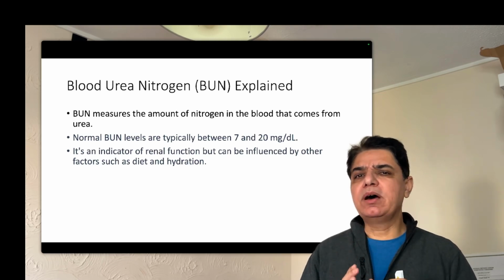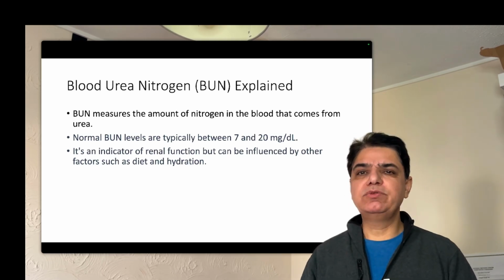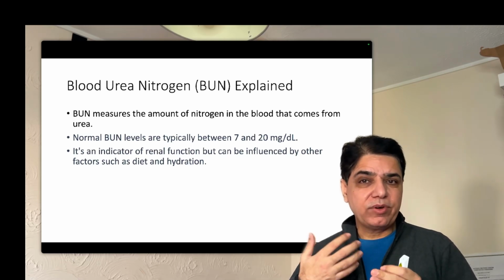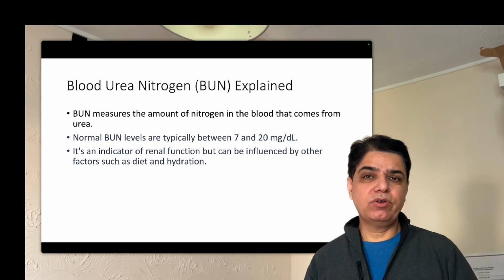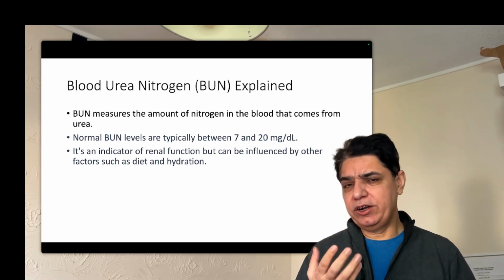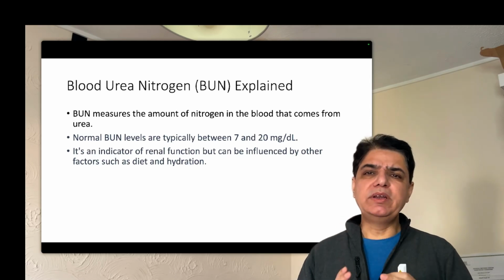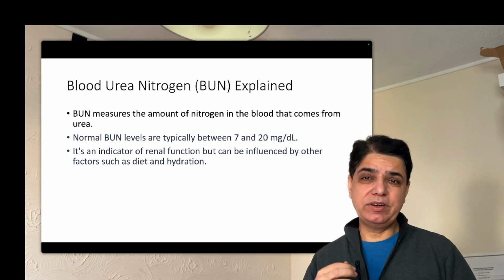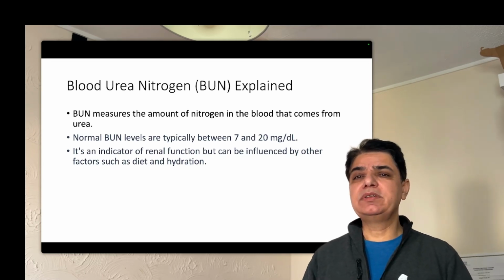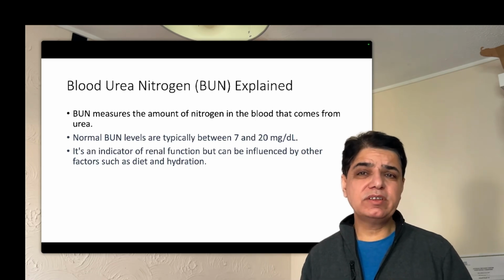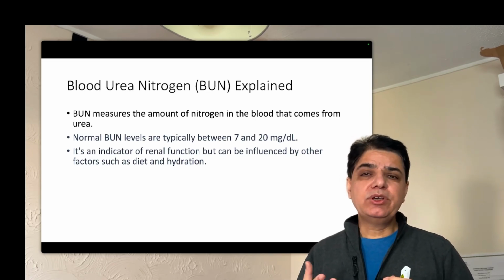But at the same time, there are certain other conditions which can also cause a rise in blood urea nitrogen or serum urea, and that is the hydration status. So if somebody is suffering from dehydration because of any reason, for example, they've not been drinking enough, or they've been vomiting a lot, or they've got gastroenteritis, like any form of fluid losses, then the serum urea levels would increase.